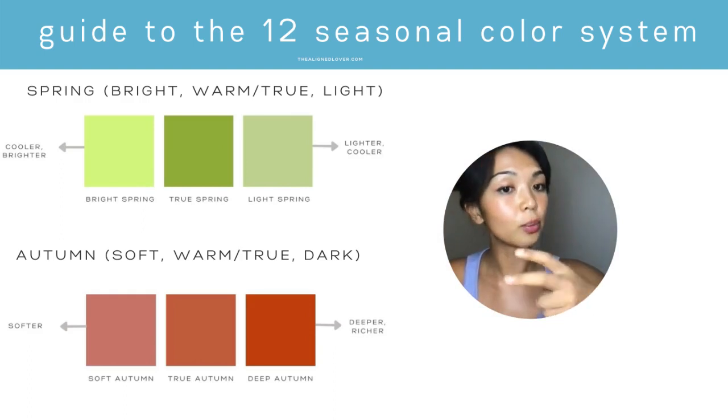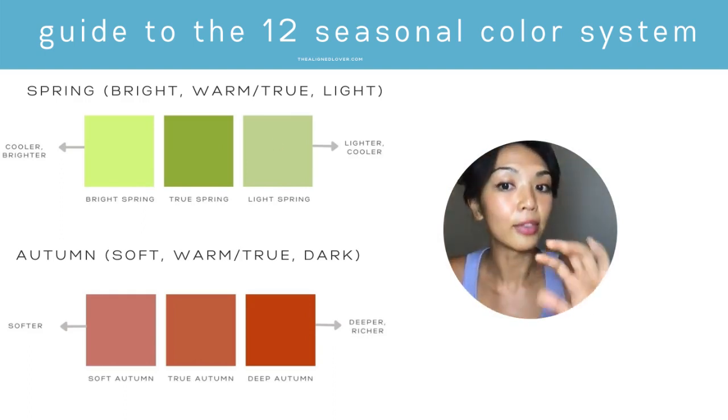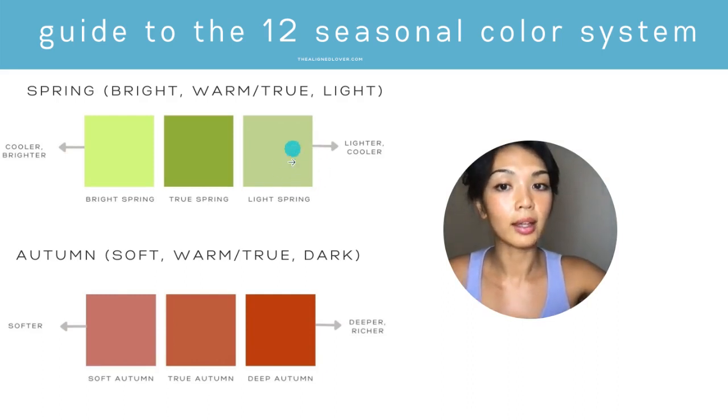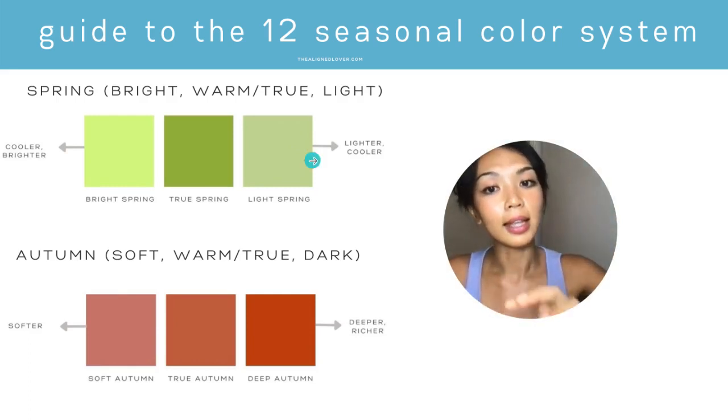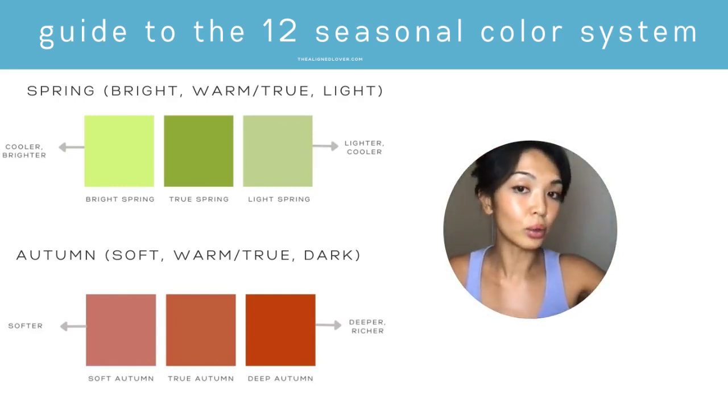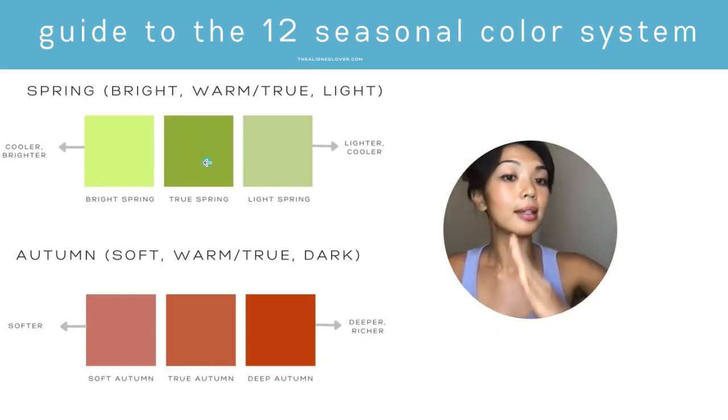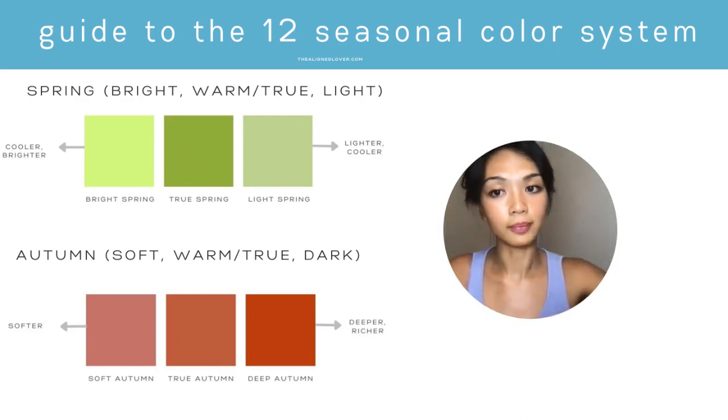Now you switch the priority, and instead of warm and light, you have light and then warm. You have a light spring. And the colors of this palette are generally very light and warm. And because light spring is next to summer, a cool season, the colors are going to be relatively cooler than true or warm spring, which is dead in the middle of a season.